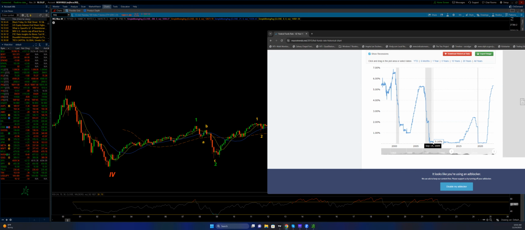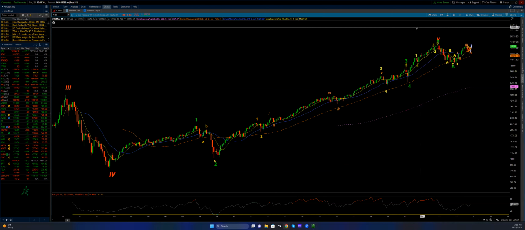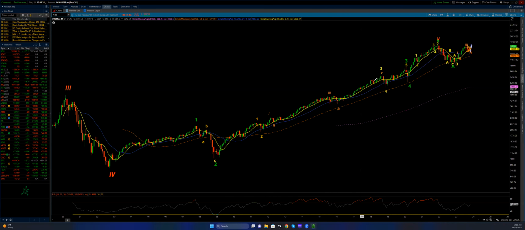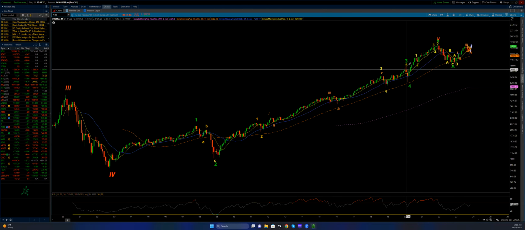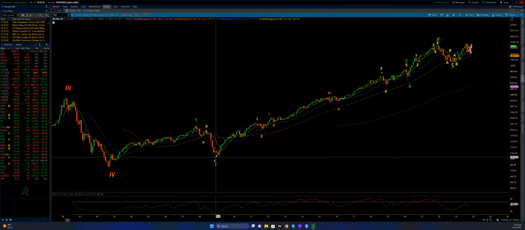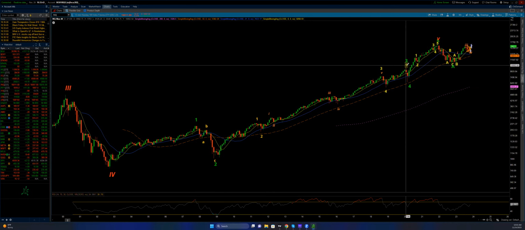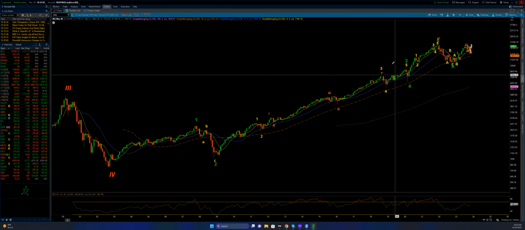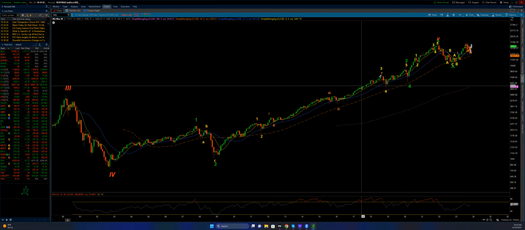And what happened? It took a while, but the market rose steadily, mightily from 2008 up to 2020. So it did 12 years. Yep, a little bump, a little bump, a little bump, nothing to go crazy about.